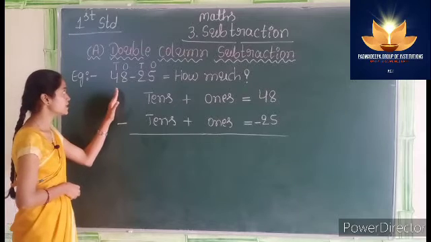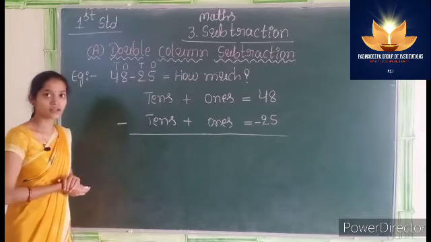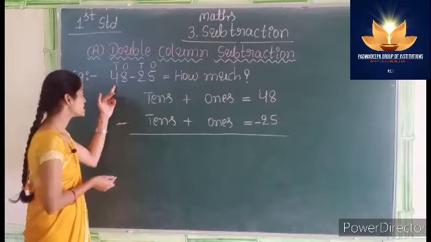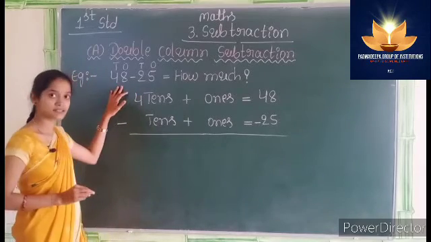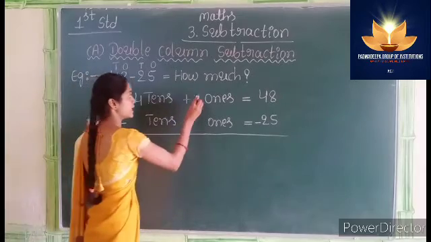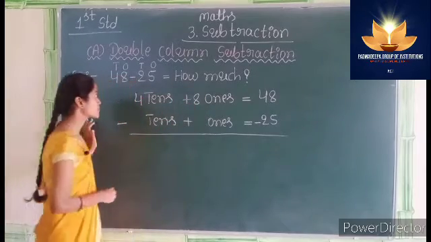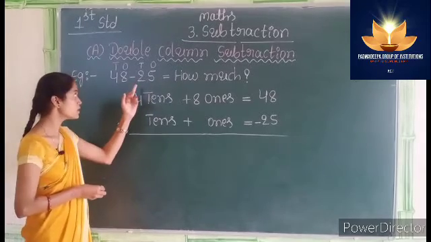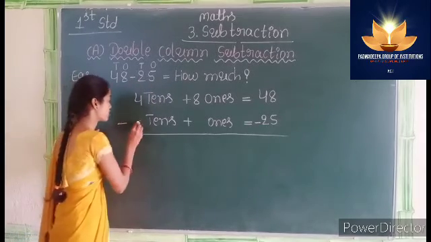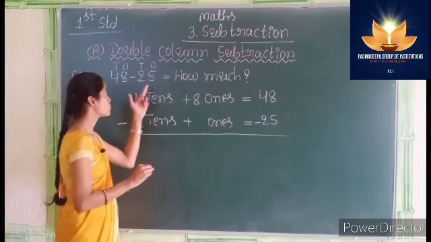Right? In the 48, how many tens are there? There are 4 tens in the 48. And how many ones? There are 8 ones. In this 25, how many tens? There are 2 tens. And how many ones?